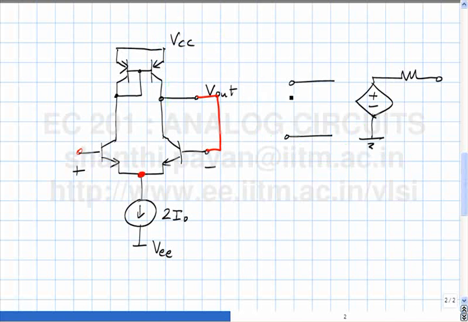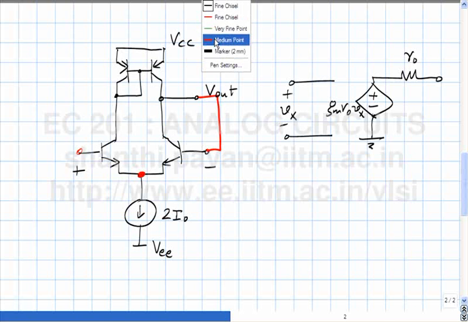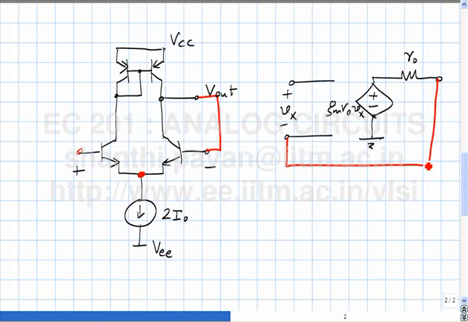This is GM, this is Vx, this is GM Ro times Vx, this is Ro, and what you are doing by closing the loop is connecting the output, like this.